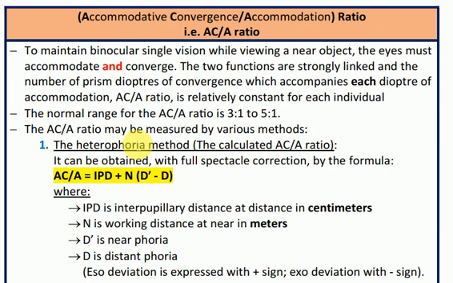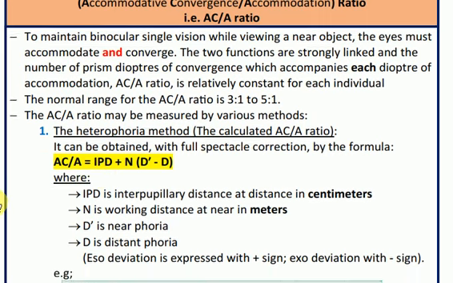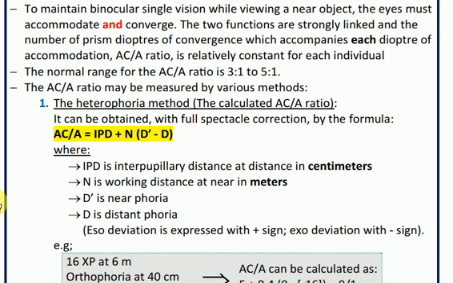The AC/A ratio may be measured by various methods, and one of the more accurate is the heterophoria method. This measures the ocular deviation for distance and near with full spectacle correction. Hence the formula is AC/A equals IPD plus N times (D' minus D).